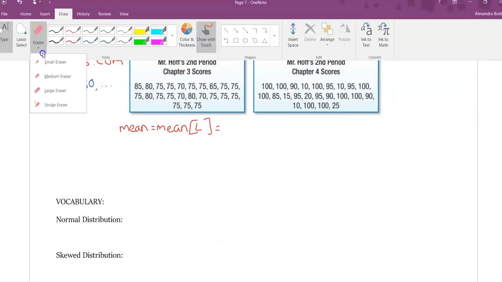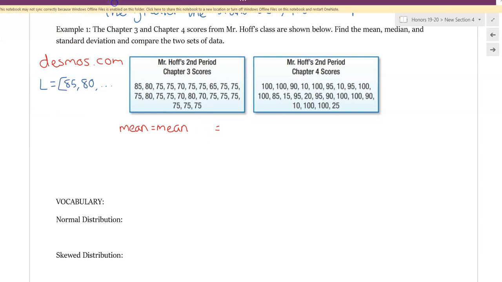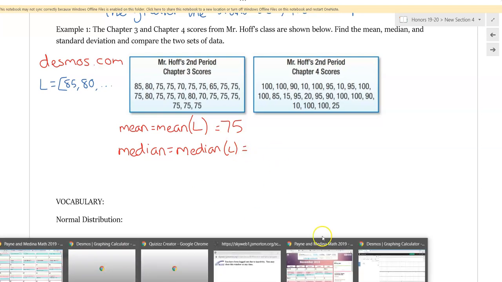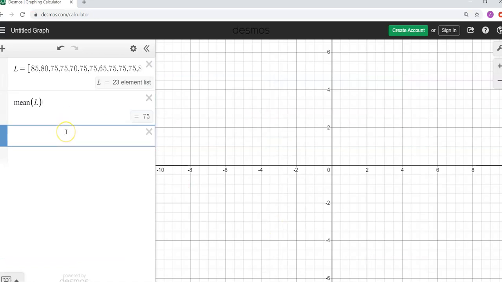Sorry, this is supposed to be parentheses, not brackets. Okay. Our median is just as easy if I type in the median of L. It also equals 75. That's nice.